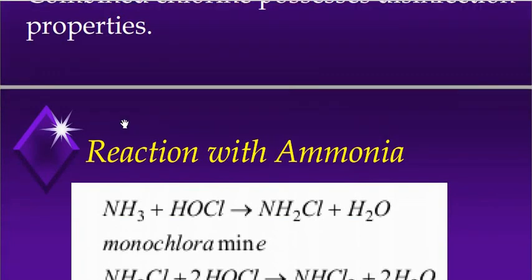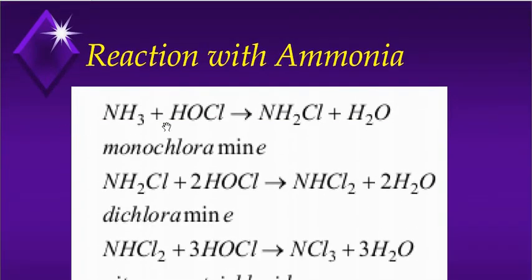Now, how does the reaction with ammonia take place? This is the ammonia and this is the hypochlorous acid, and then this reaction takes place, forming monochloramine, NH2Cl, plus water. Then this monochloramine reacts with another hypochlorous acid, giving the formation of dichloramine, and the remaining is water.